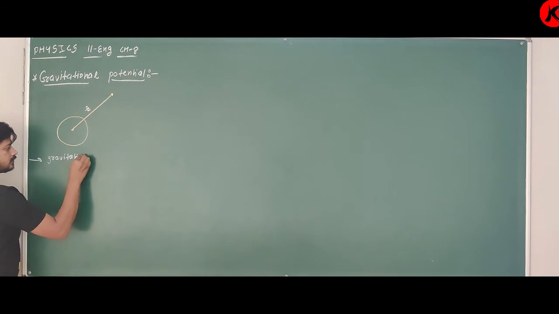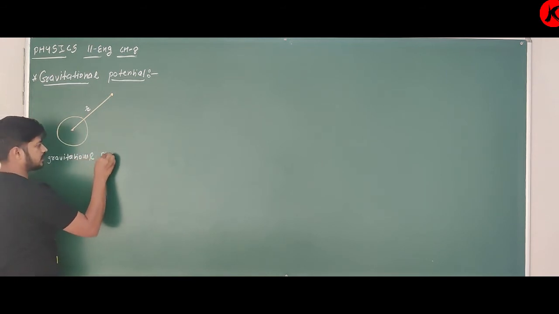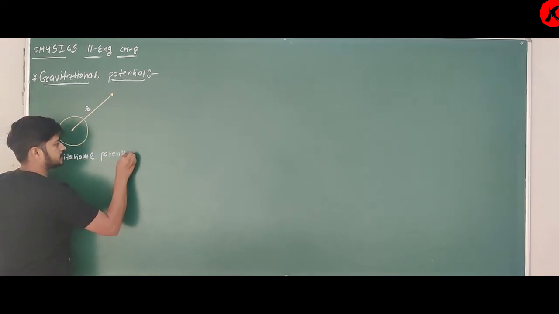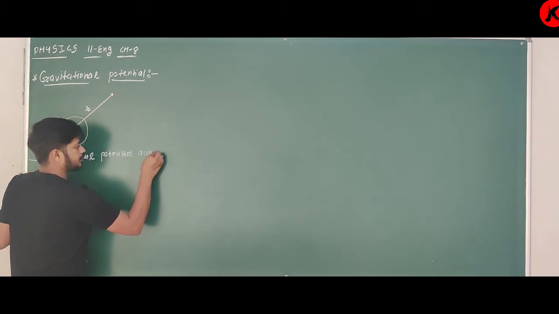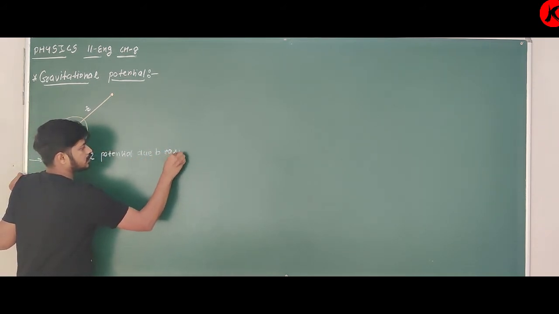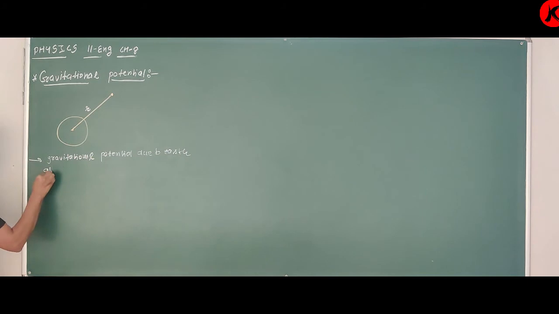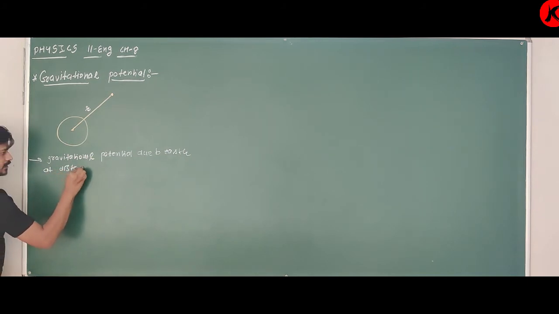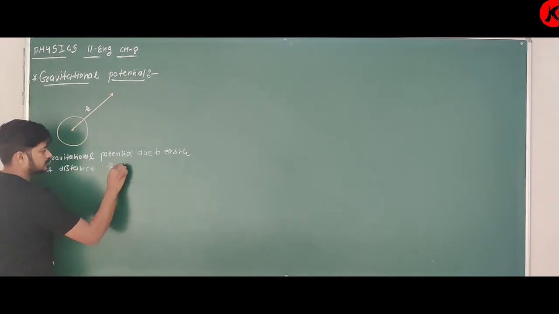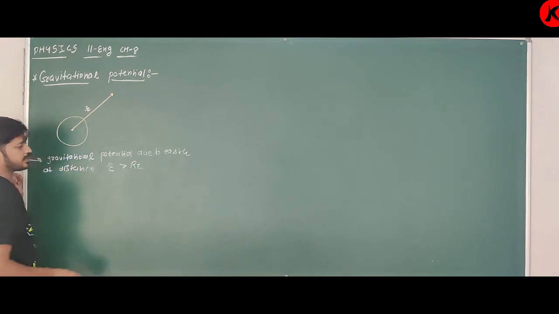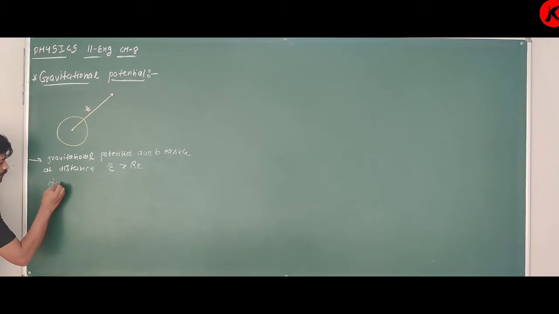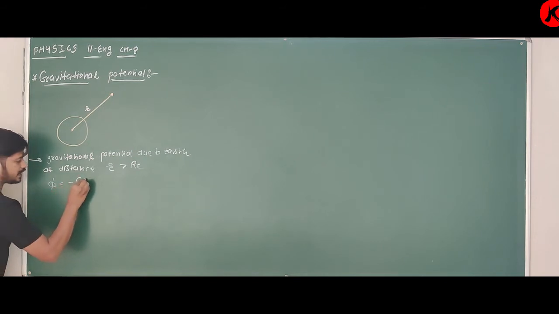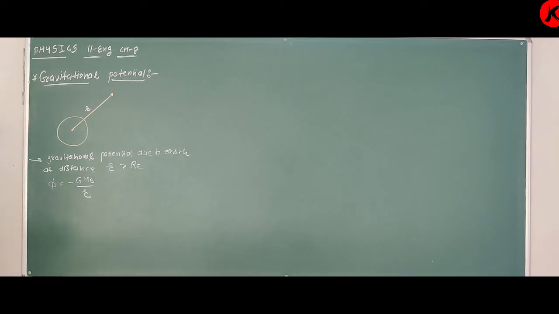Gravitational potential due to Earth at a distance r, which is greater than Re, because we have considered that object outside. What is the equation? Phi is equal to minus GMe upon r.